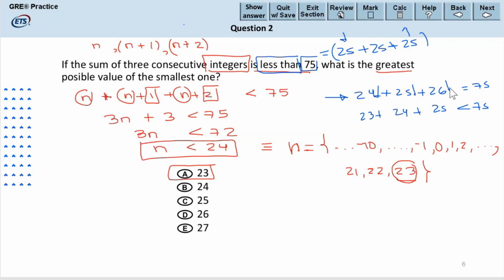By taking only 1 from each of my terms, I know that there couldn't be greater numbers than these 3 that, being consecutive integers, would give me a sum that is less than 75. The result of this sum is the closest that I can get to 75. It couldn't be any other way. So, since I know that this is my possible greatest sum that is less than 75, just from intuition, then the question is, what is the greatest possible value of the smallest one? It has to be this. The answer is 23. So that is a totally arithmetic approach.